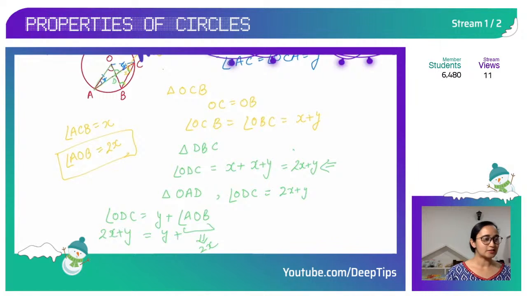So this is how we do this theorem. This is a very important theorem, and in the ICSE exam many times a question comes from it. That's why understanding it is very important, so that you know how it is proved and how it is done.